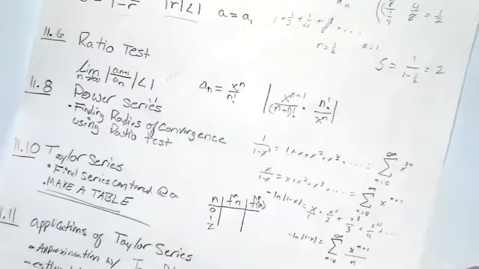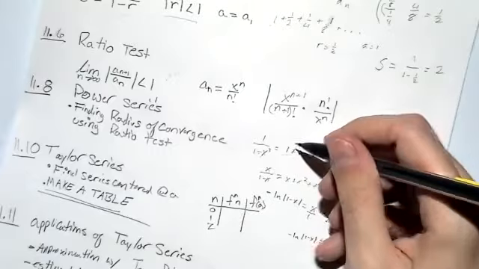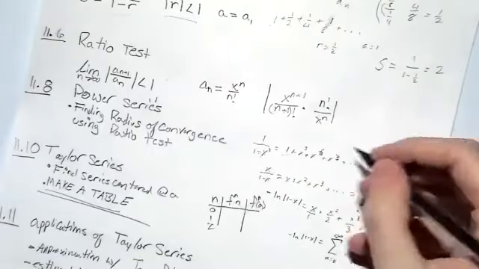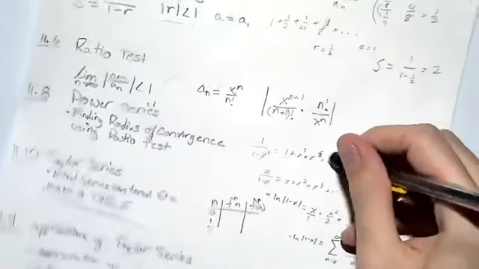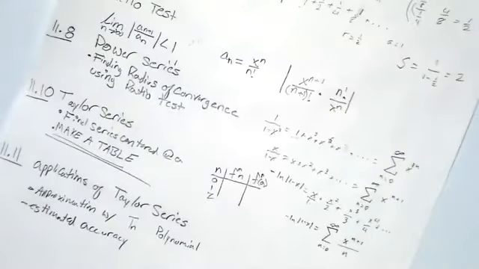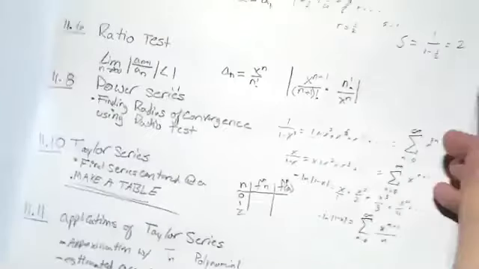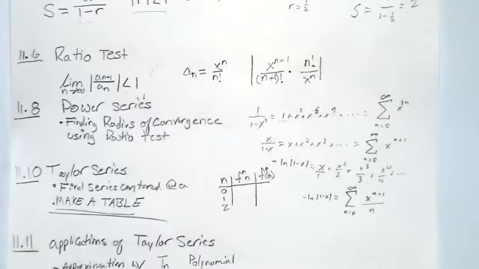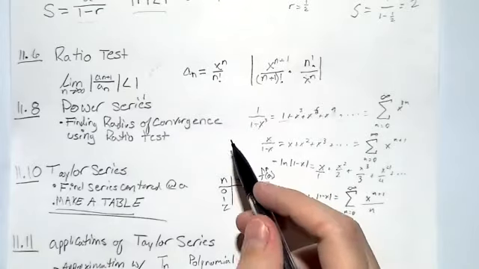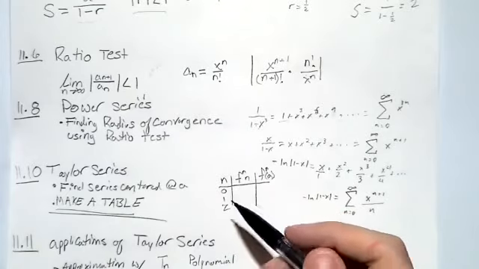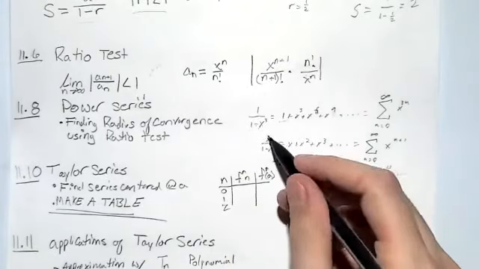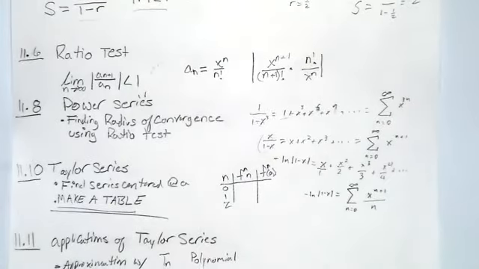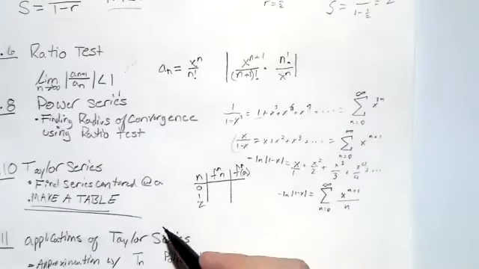This would still be 1, this would be to the 3rd power, this to the 6th power, and this to the 9th power. So it's really just remembering the initial pattern of 1 over 1 minus x, knowing what manipulation you did to get to the next part, and applying it to your series.